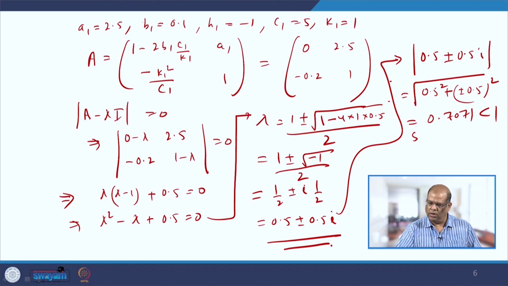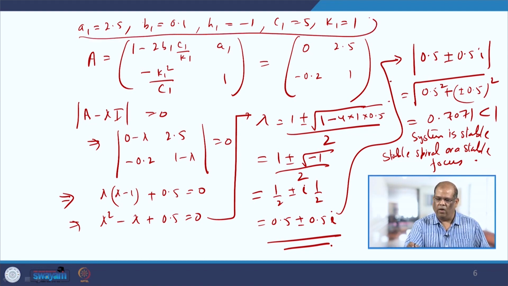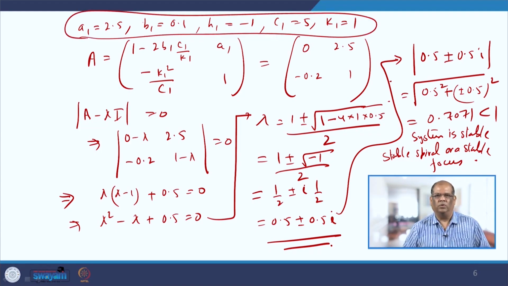So, the system is stable, namely a stable spiral or a stable focus. So, your price and demand model gives you a stable focus with this kind of parameter values.